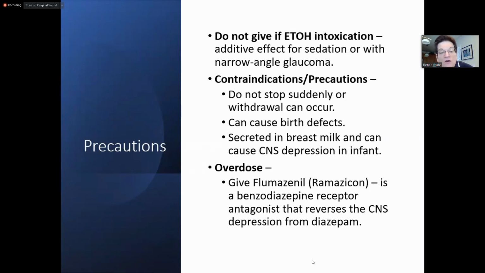So if they overdose on benzos, flumazenil is going to be your antidote. If you give Narcan for a benzo, it will not have any effect. So typically, if you've got someone that ODs in the emergency department, they start with Narcan. And if there's no response, then they will give the flumazenil.